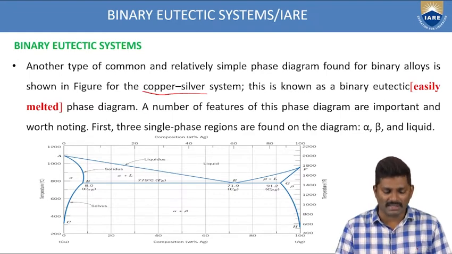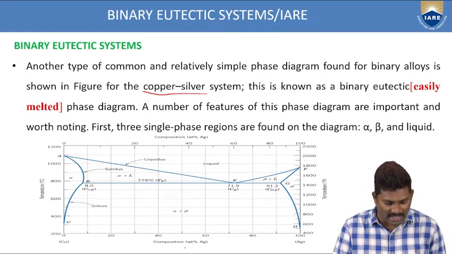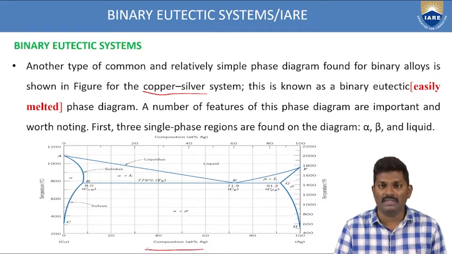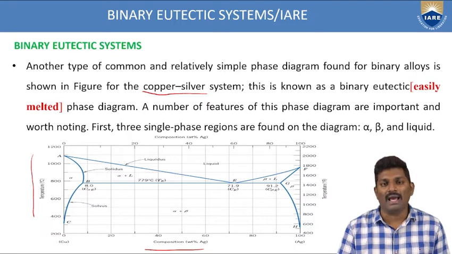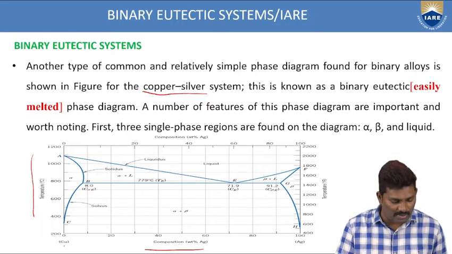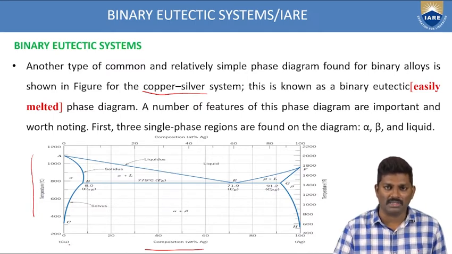If you see in this phase diagram, the x-axis consists of the composition, weight percentage of silver, and the y-axis refers to the temperature. In the x-axis composition, we have both copper as well as silver. Copper starts with 0, weight percentage of copper is 0 here.